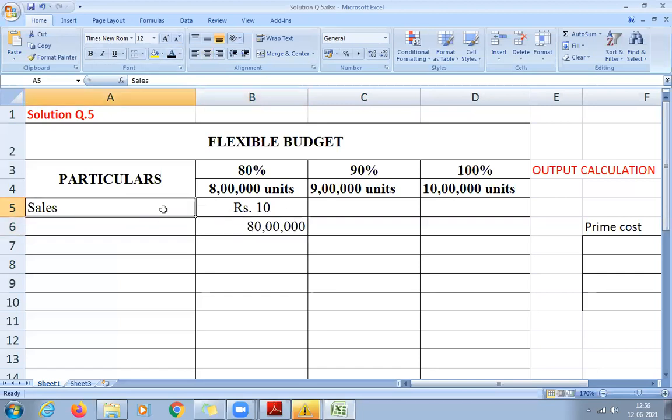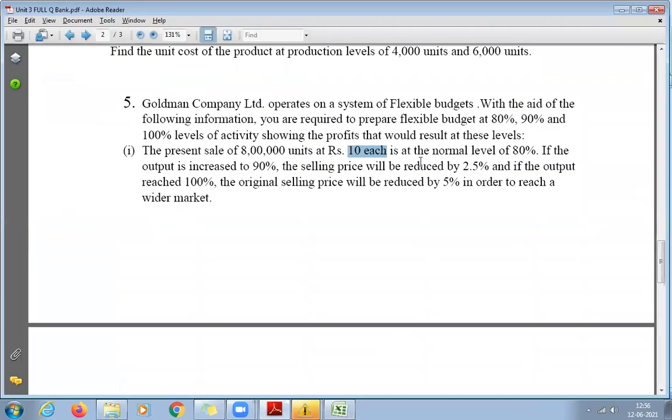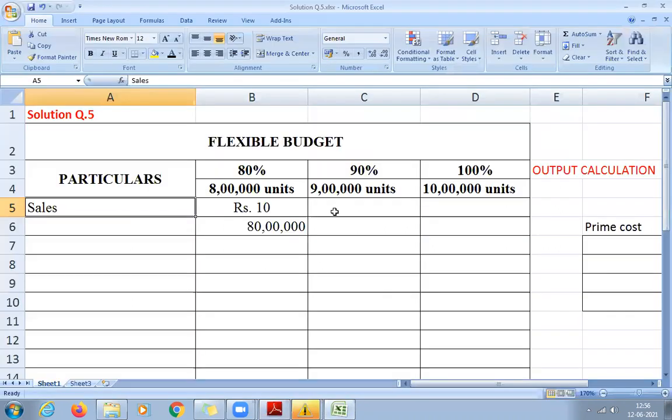Now, how much is the selling price for 90%? He says if the output increases to 90%, selling price will be reduced by 2.5%. So calculate 2.5% of 10 rupees. How much will you get? You'll get 0.25 rupees.